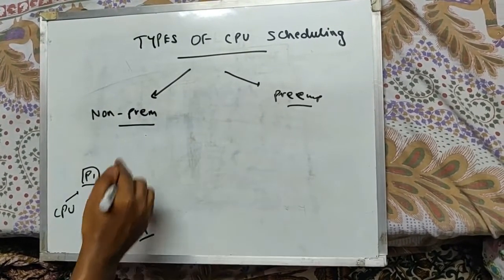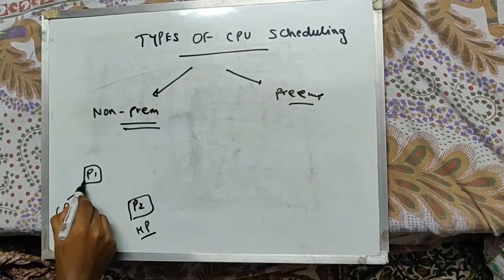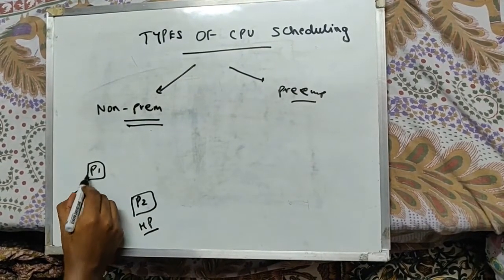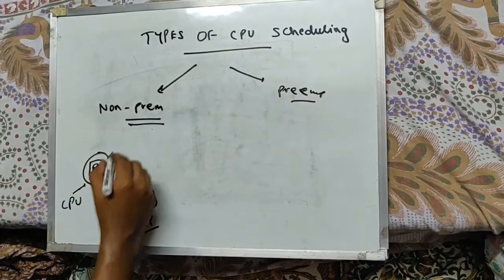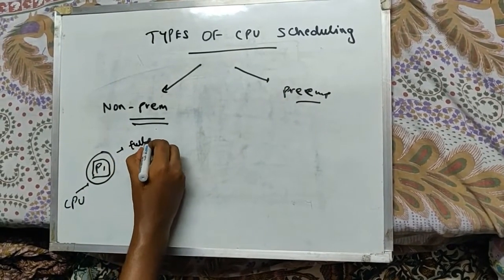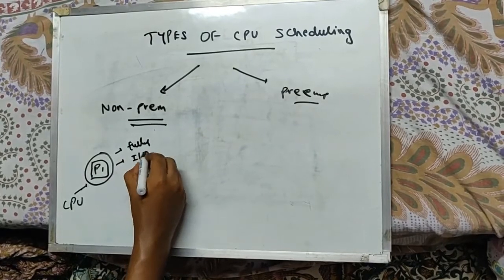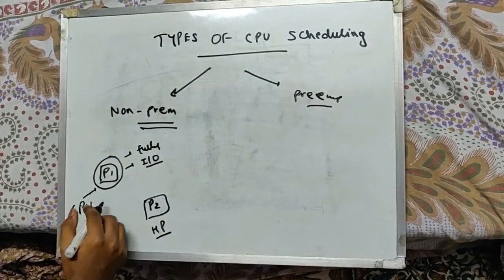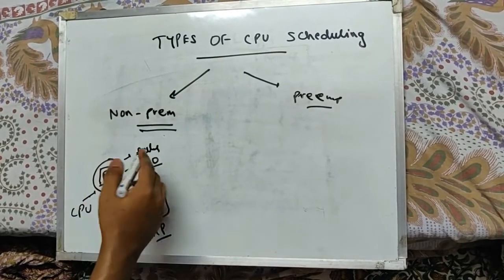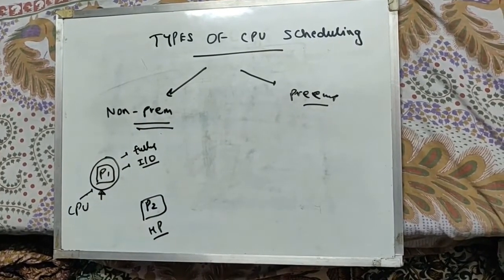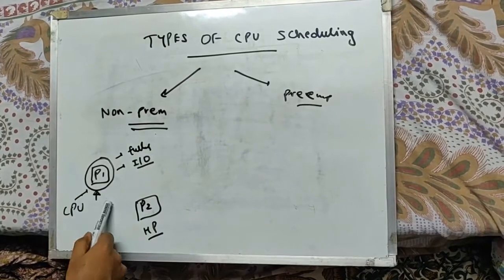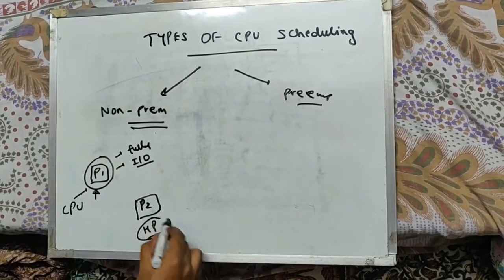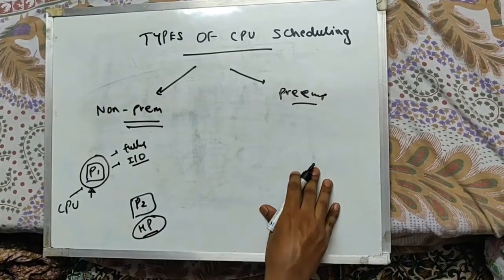In non-preemptive scheduling, the CPU will not switch over to P2 until P1 gets completed fully, or P1 is terminated due to some IO event. That's the only case when we switch to P2. That is, P1 cannot be halted in between. That is what is meant by non-preemptive: until P1 gets completed fully, we can't go to P2, despite the fact that P2 has a higher priority.